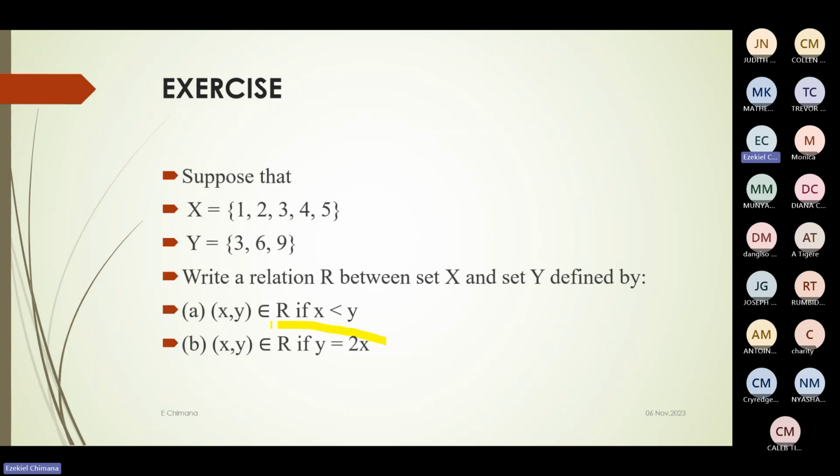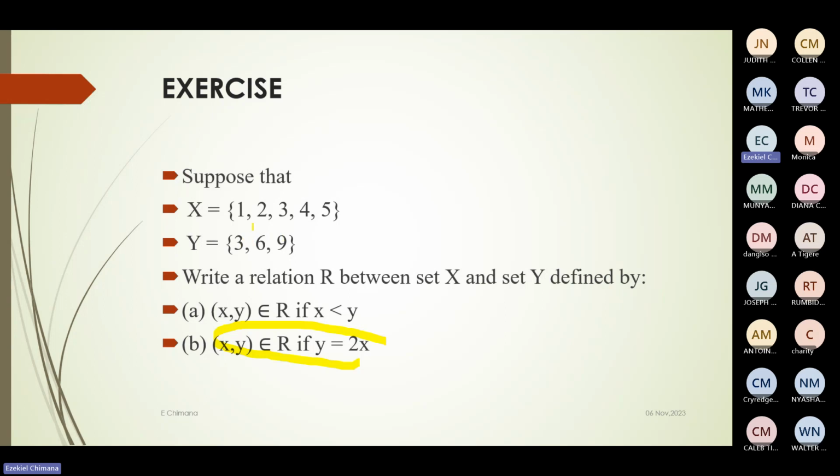Then on this one, you are asked to have a relation where your Y is always equal to 2X. The value of Y must always be equal to 2X for it to be in the relation. So if you take your X as 1, do you have your Y as 2 times 1?